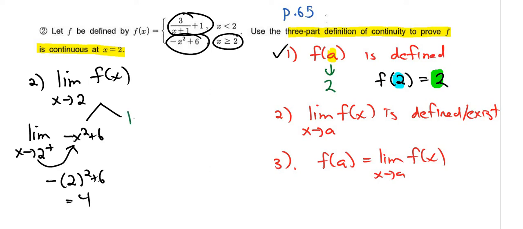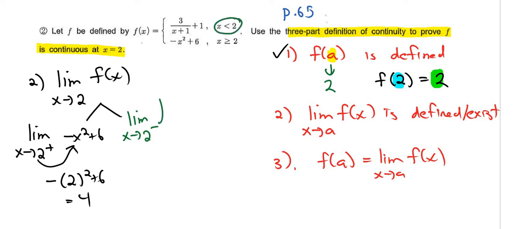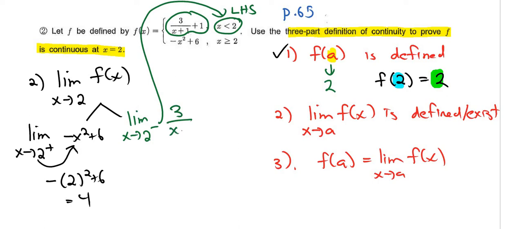And for the left-hand limit, I'll do that part in green. As x approaches 2 from the left-hand side, now we're dealing with this part of the graph. This negative sign means we're approaching from the left-hand side. So now we're dealing with this part of the graph, which is 3 over x plus 1, plus 1.